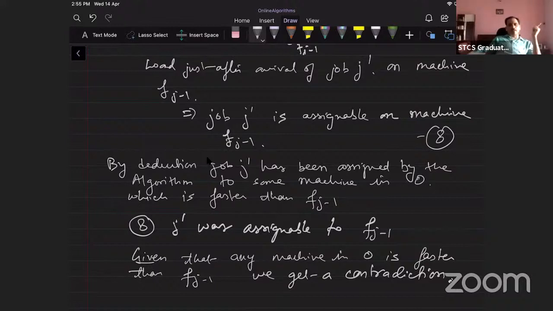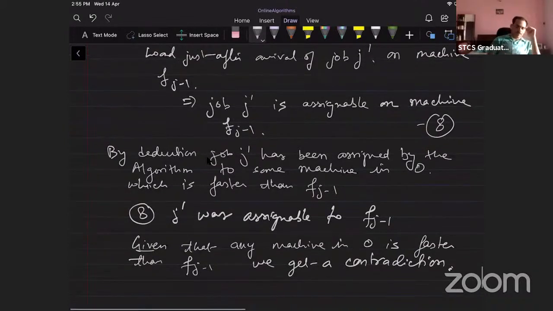We looked back in time and tried to find some other job j prime which was assigned by the algorithm to some machine in O, the set of overloaded machines. We also showed that the same job is assignable to a machine which is slower than any machine in O. And the fact that the algorithm actually chose the faster machine tells us that something is wrong. That is all we have done.